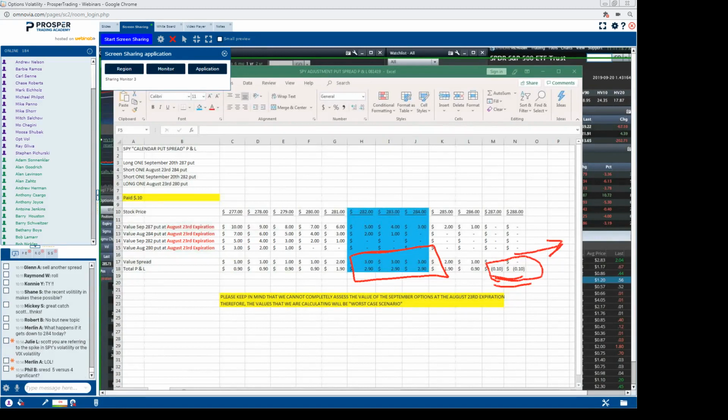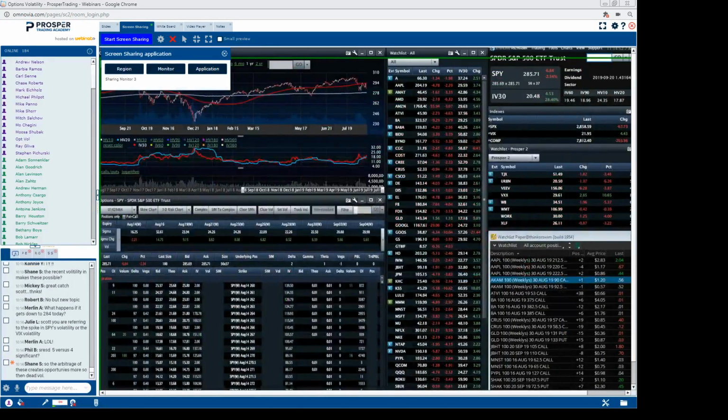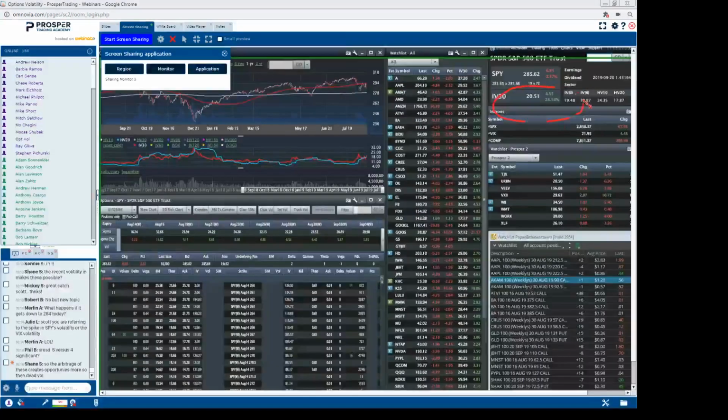Well, Julie, they're very closely correlated, but I was referring directly to SPY. As you can see here, when we were evaluating this before, SPY vol was up 20% today. It's now up 28%. And Shane, you can definitely look at it this way. And Phil, it's very significant, and it was done intentionally that way.